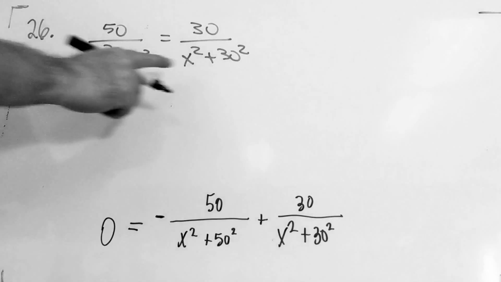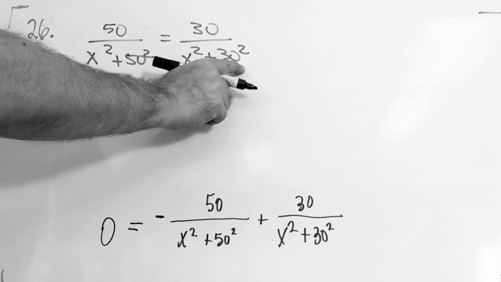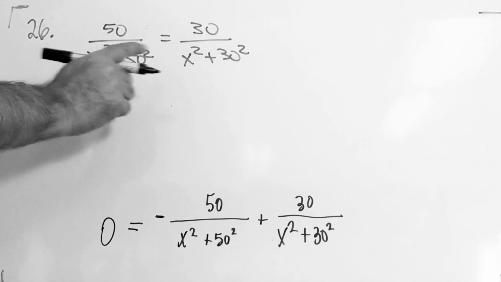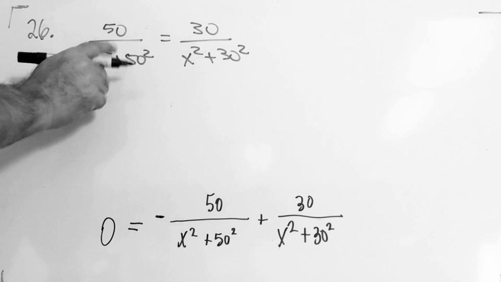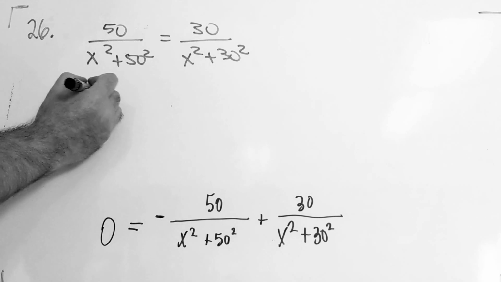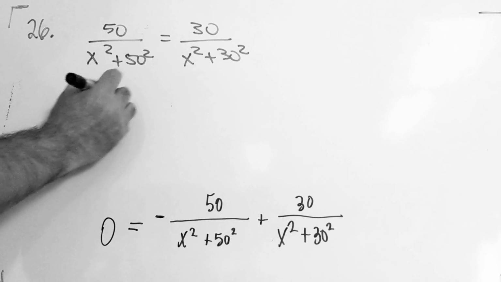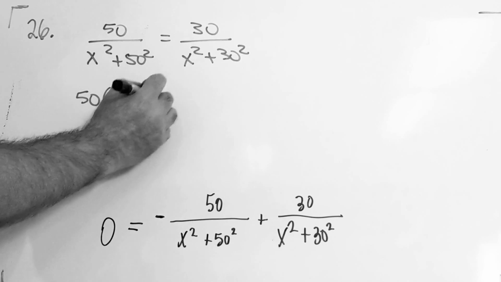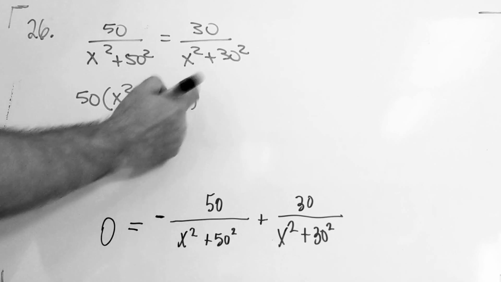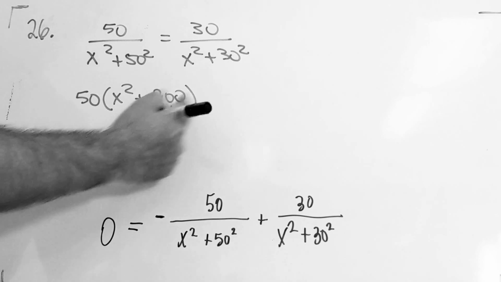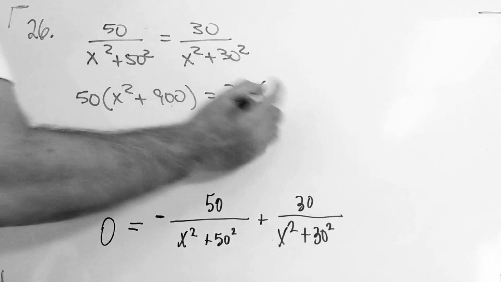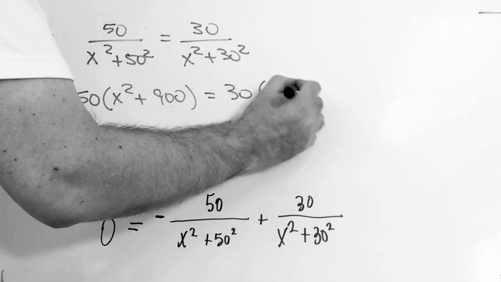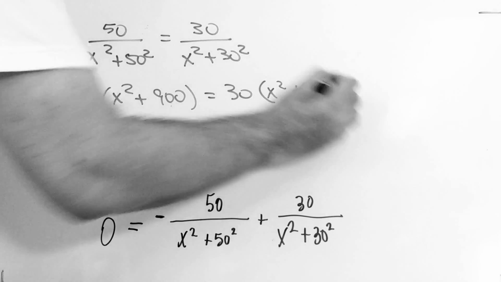Solving this proportion, I'm going to multiply 50 times this one and 30 times this one. I mean, product of the means equals the product of the extremes. So that would be 50 times x squared plus 900. See, I'm changing it to 900. Equals 30 times x squared plus 2,500.